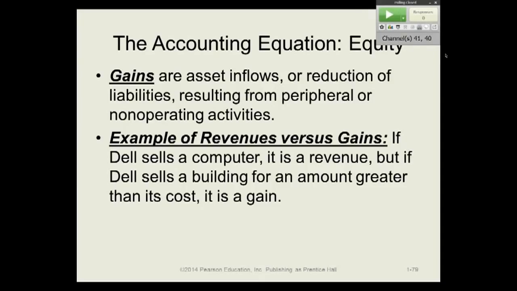Gains would come from outside business activities or from peripheral business activities. And both of those will increase income. These are both earnings, will both increase your earnings. So revenues and gains are types of earnings. But we just have to differentiate the source.